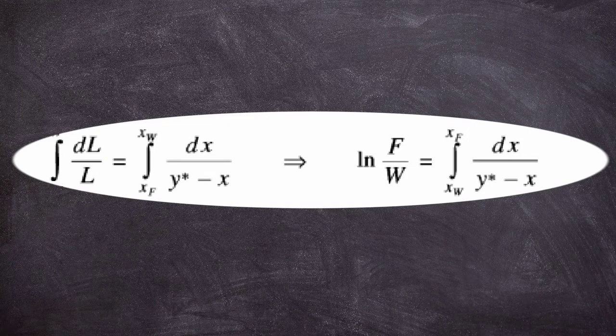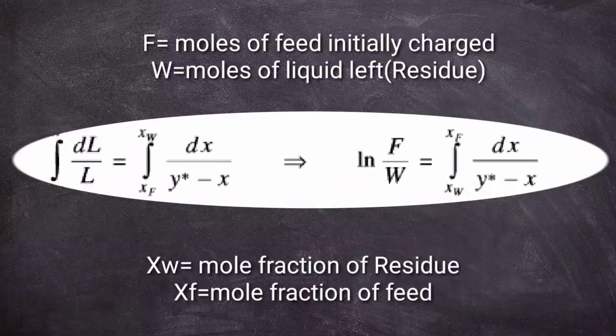You can see that it is an integration kind of formula. You have ln F by W equal to an integration from xW, which is the final composition of the feed left as liquid, to the upper limit xF, which is the mole fraction of the initial feed.